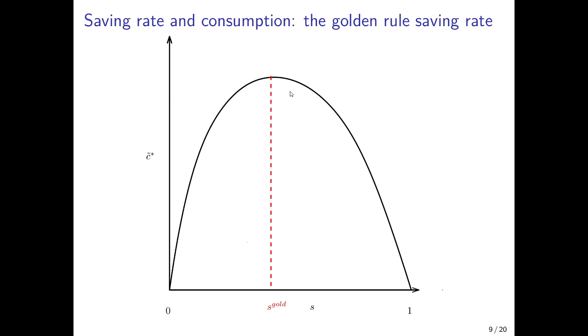But then it flattens off and flattens off, and at some point, the additional output generated by additional capital is exactly as high as the additional depreciation and additional capital dilution, when the two lines are parallel. But from this point onwards, the additional capital depreciation and capital dilution is even higher than additional production, and consumption per unit of effective labor would decrease again.